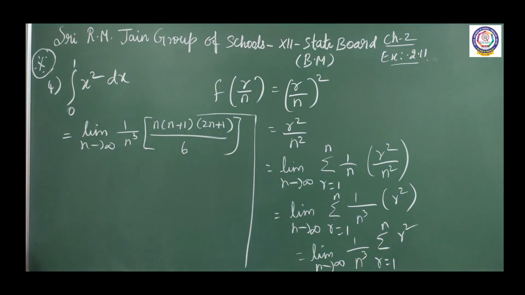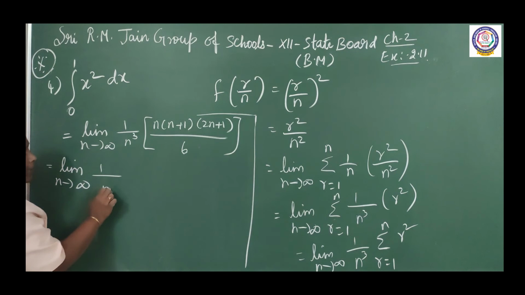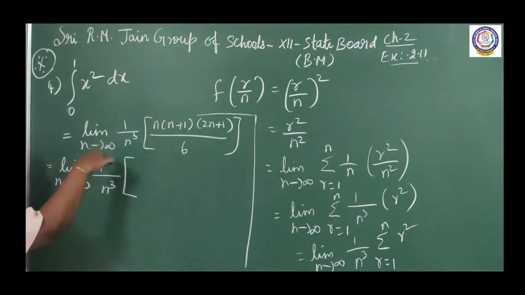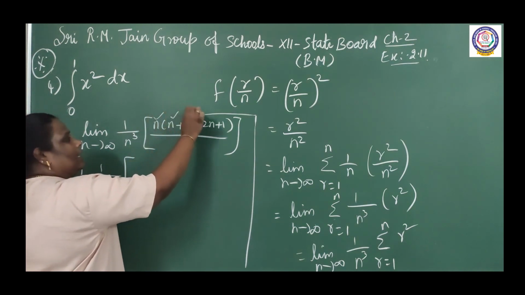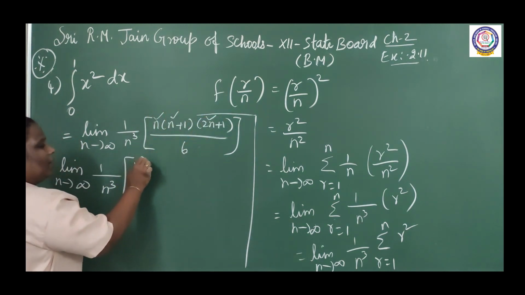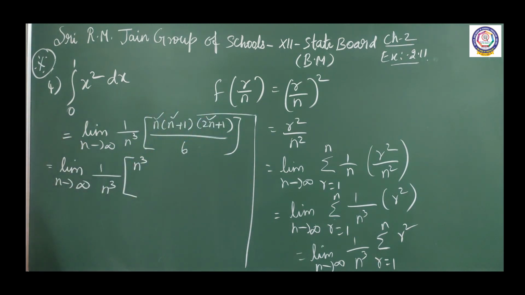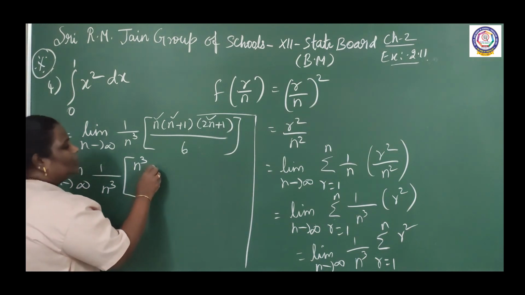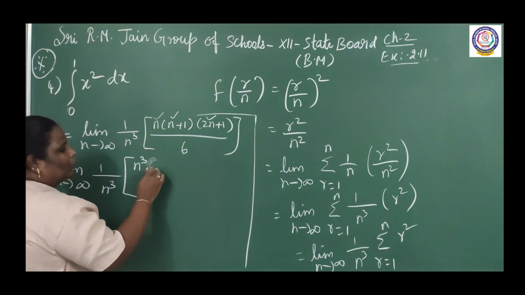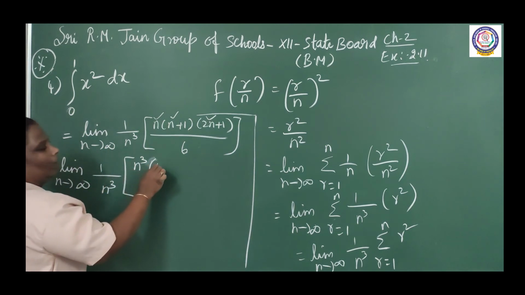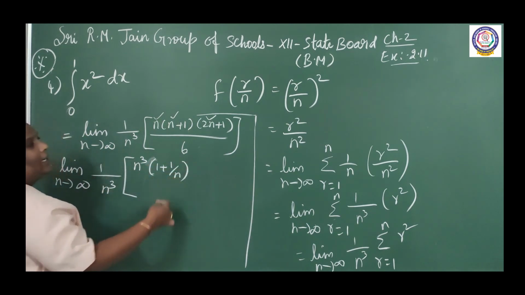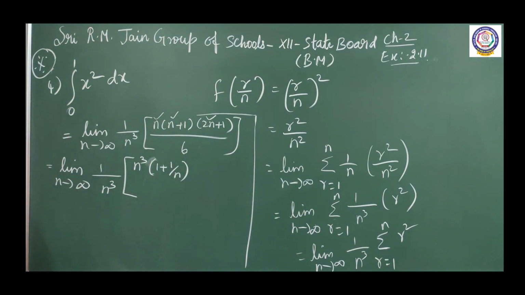Okay. So it gives limit n tends to infinity, 1 by n cube into, you can take n commonly out. Here n, n, n, so it becomes n cube. n cube into, you can take n cube commonly out. What is the remaining thing? 1 plus 1 by n, 1 plus 1 by n.